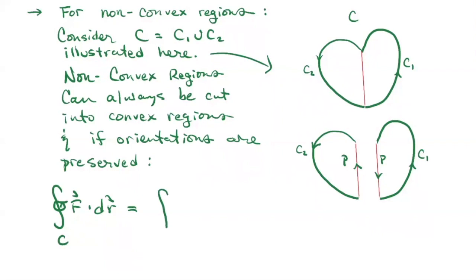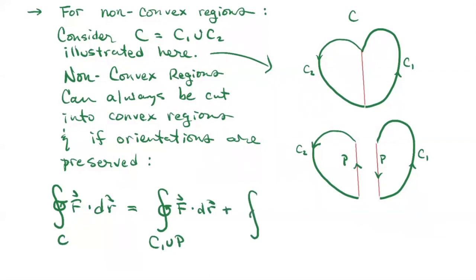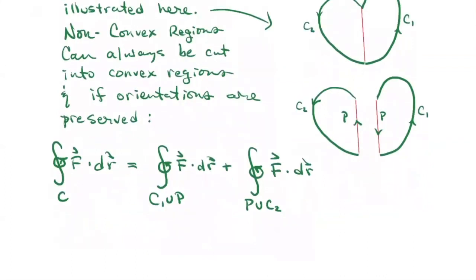So this will be equal to the line integral of C1 union P of f dot dr plus the integral, still counterclockwise, of P union C2 of f dot dr. These are equal because, well, I don't want to say. Can anybody tell me why those are equal?